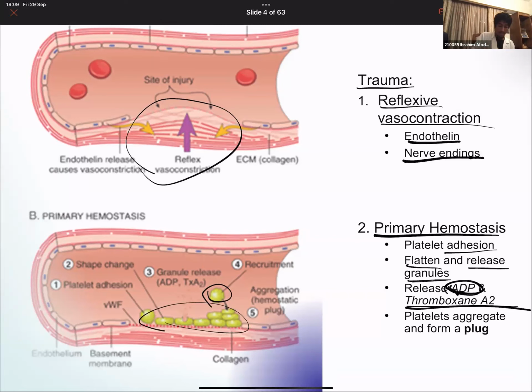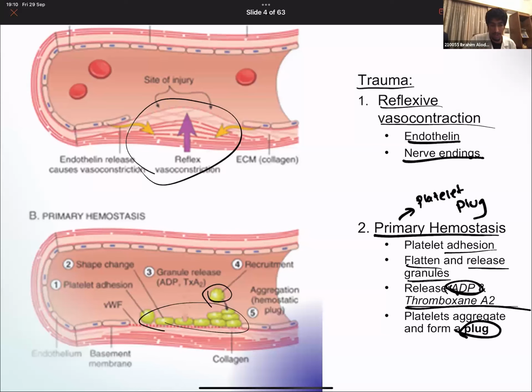These two things, ADP and thromboxane A2, are going to recruit more and more platelets to come to the area, and they're going to form a plug. So the primary goal of primary hemostasis is to form a platelet plug. We just want to make almost like a physical barrier of cells in the area that's bleeding to stop that bleeding.